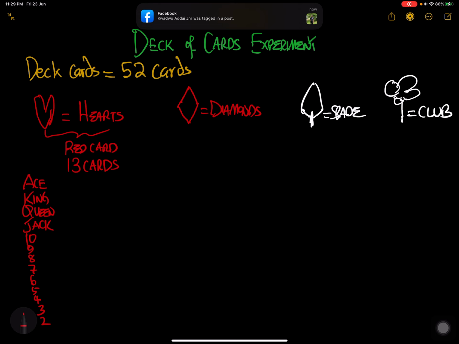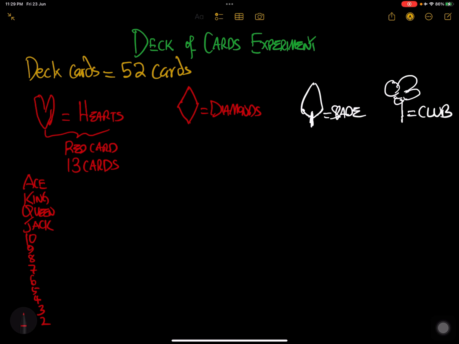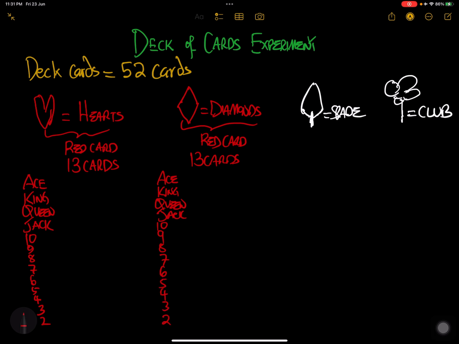Then we also have the diamond cards. They are also red cards, and it's also made up of 13 cards. It also has an ace card, a king, a queen, a jack, a 10, a 9, an 8, 7, a 6, a 5, 4, 3, and 2.